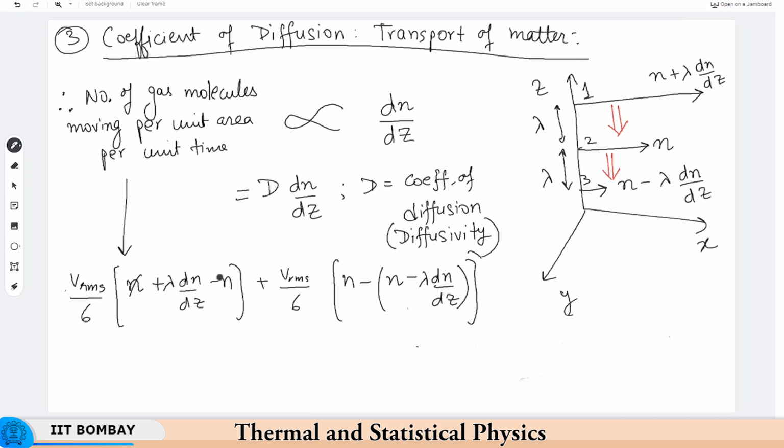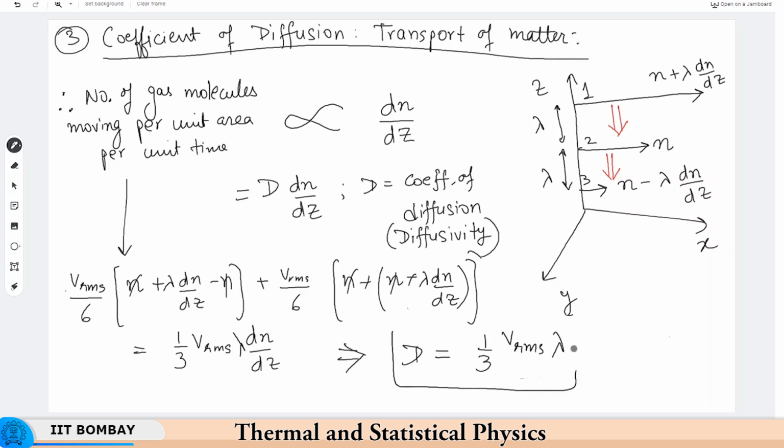So, these terms cancel out, this becomes plus, and we end up with 1 by 3 V RMS times dn by dz. This is the number of gas molecules moving per unit area per unit time, and if we divide this by the magnitude of the density gradient, we can write the final expression of the diffusion coefficient, which is 1 by 3 V RMS times lambda. So, this is what the coefficient of diffusion looks like.